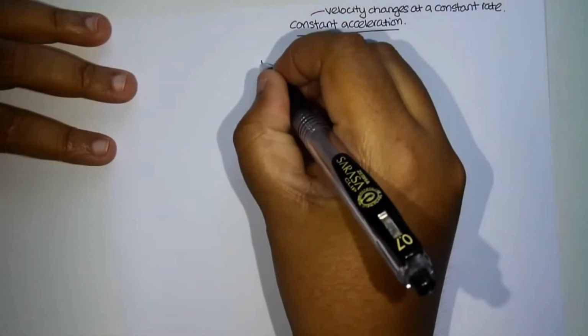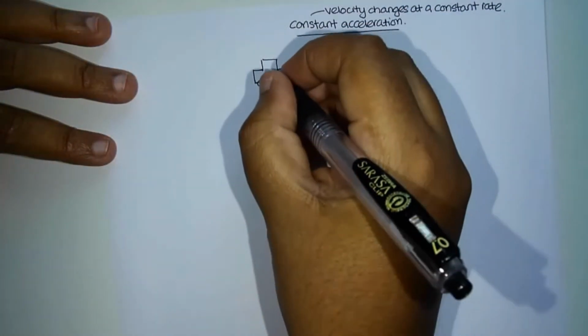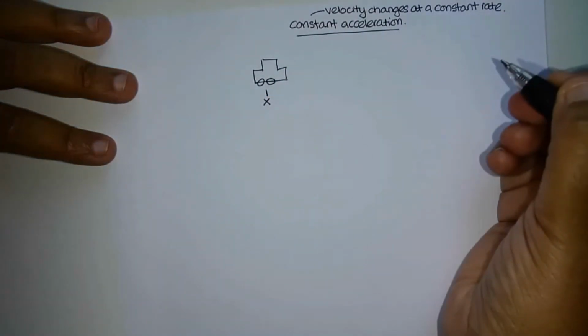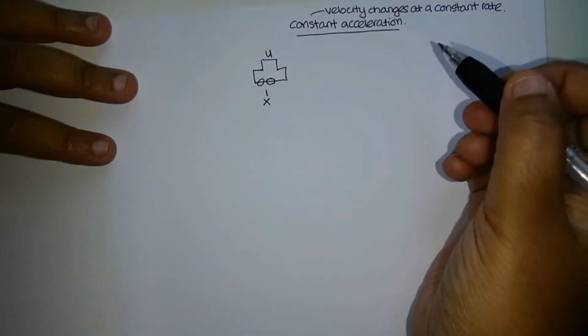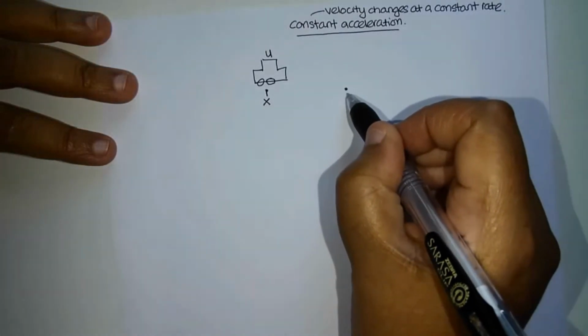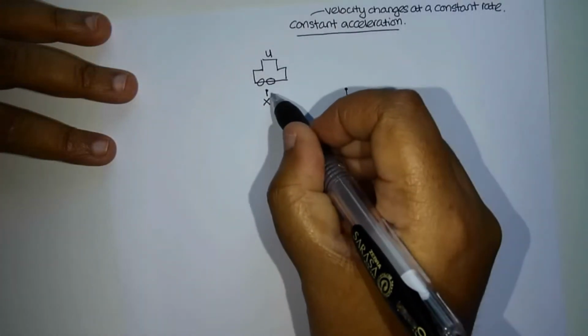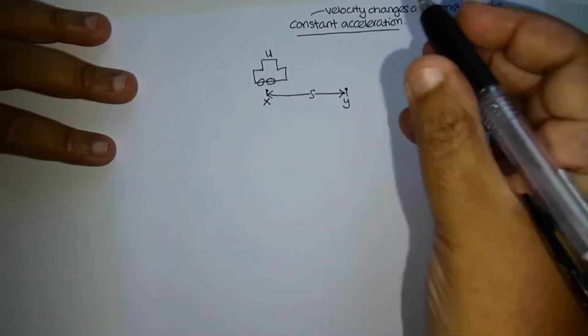Okay, now we are going to prove formulas for this constant acceleration. I'm going to give you an example. I have a car here. The initial position was at x, and the initial velocity is u. The car traveled to point y, and the distance taken is s, or displacement.